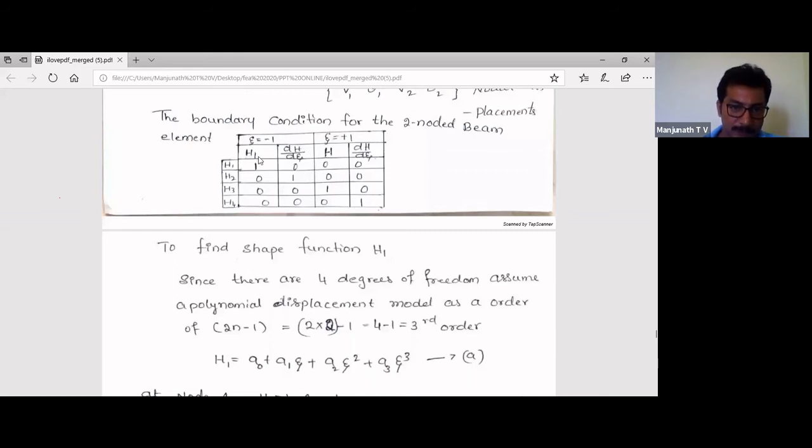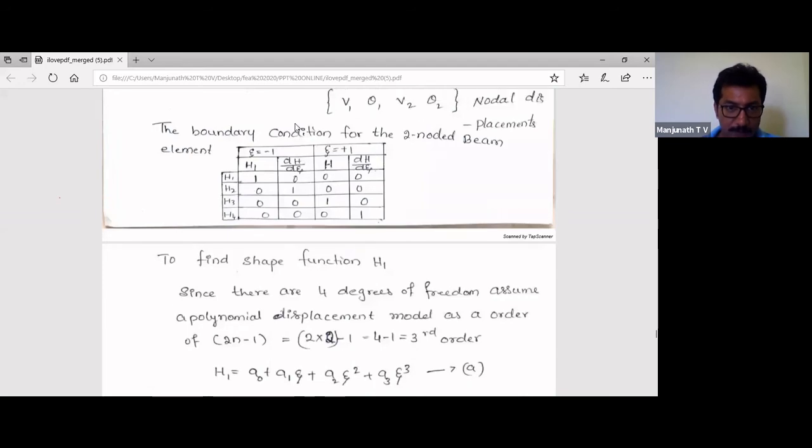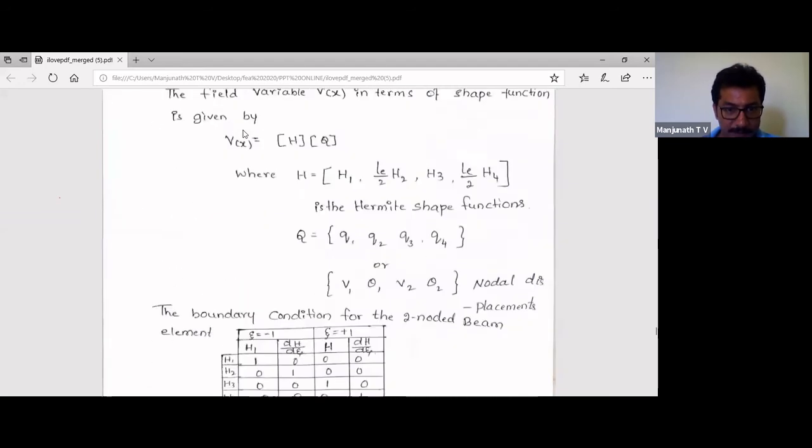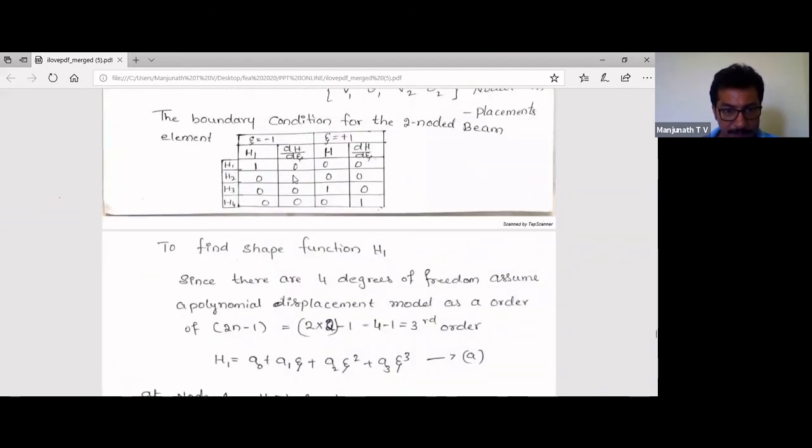Now, first I'm going to write h1. For h1, at node 1 the value is 1, and at all remaining nodes the value will be 0. Similarly h2, which is for rotational: if h2 is 1, then at all remaining nodes the values will be 0.